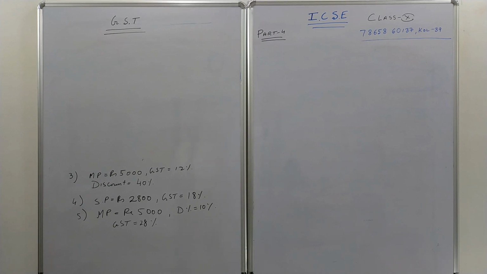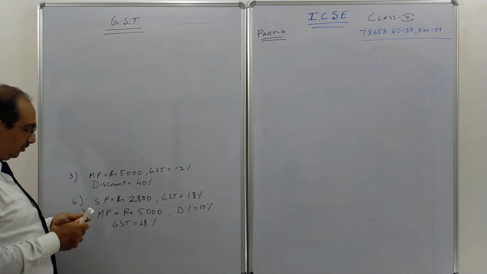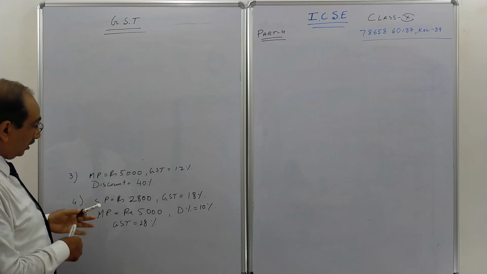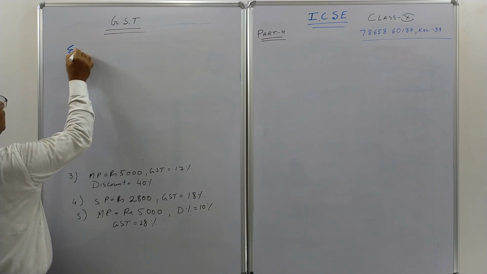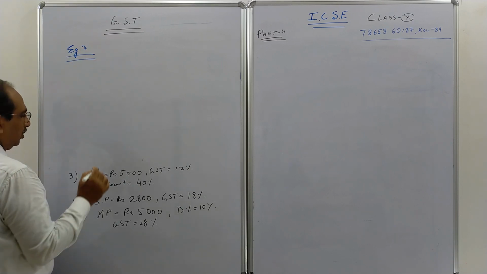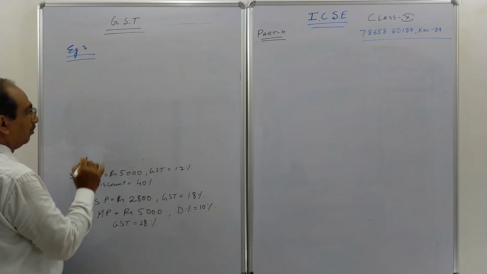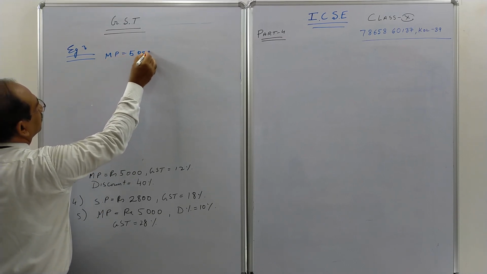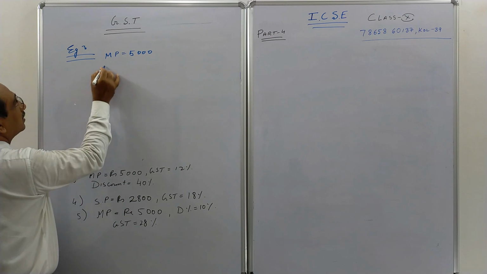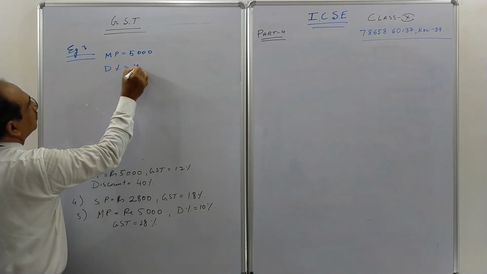So next we move on where there is mark price and we get a discount. As we have seen before, first we have to take discount. So example 3, mark price is 5,000. See here how we use it, discount is 40%, children.